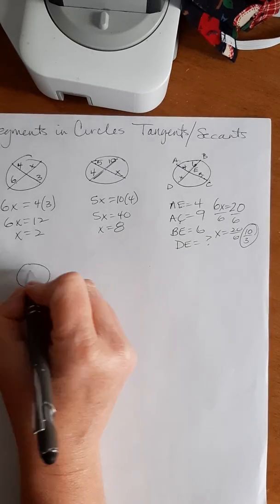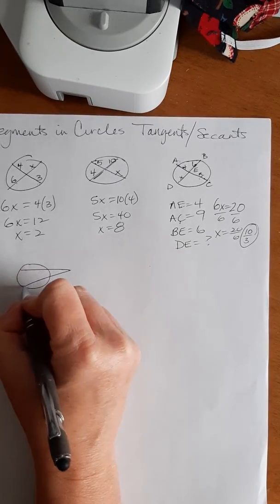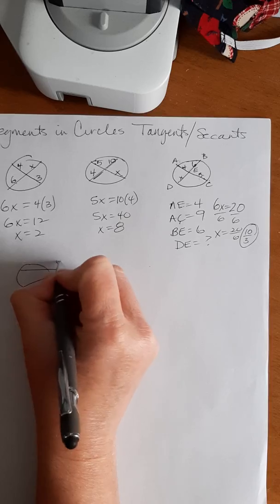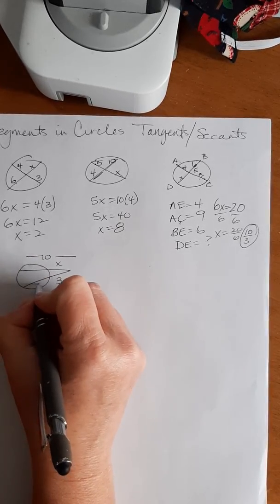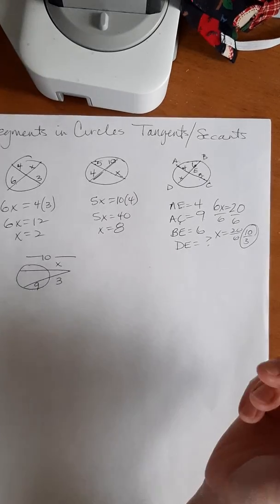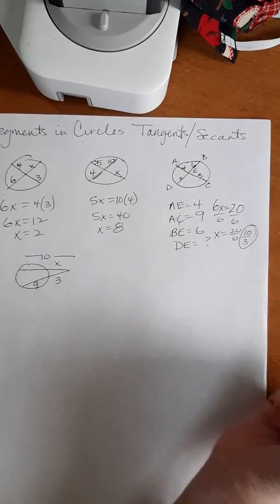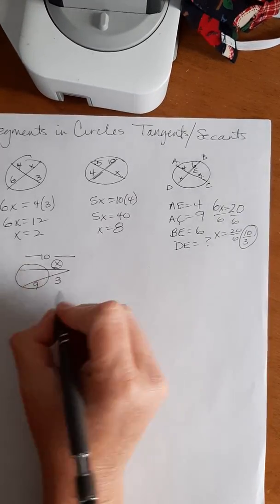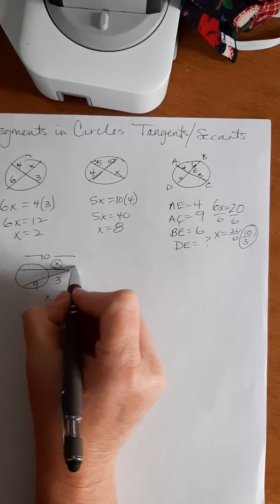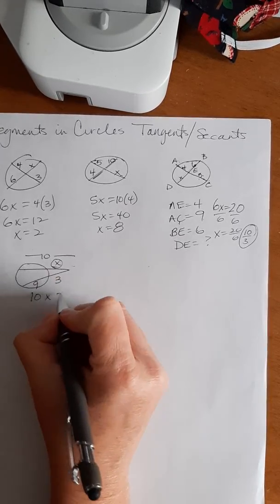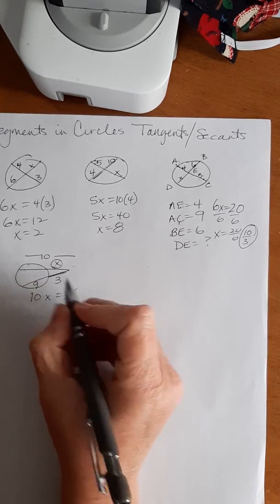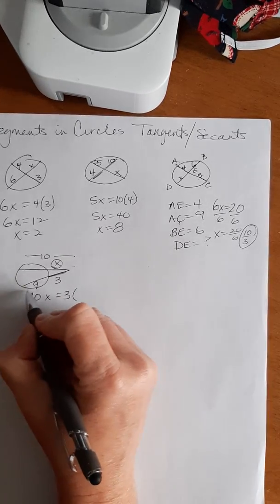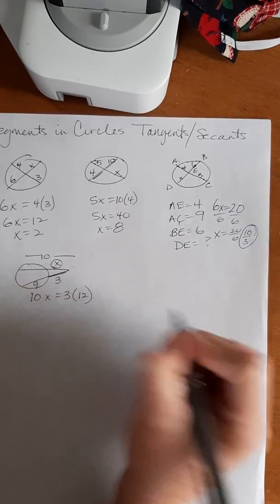Now let's say it's on the outside. We'll say x, 10, 3, 9. If it's on the outside, it's the outside segment times the whole, which is 10, equals the outside 3 times the whole, which is 12.